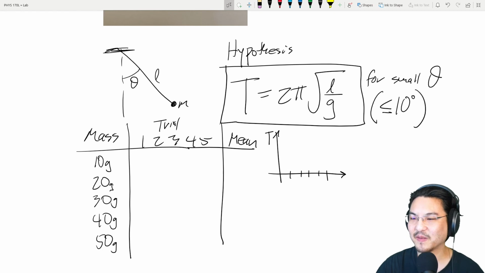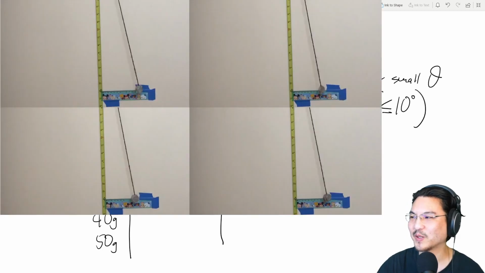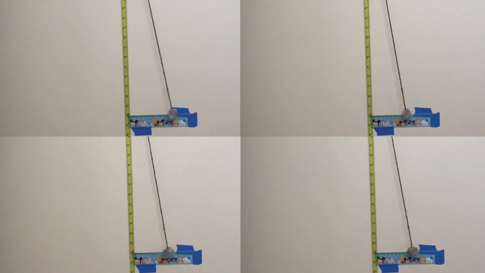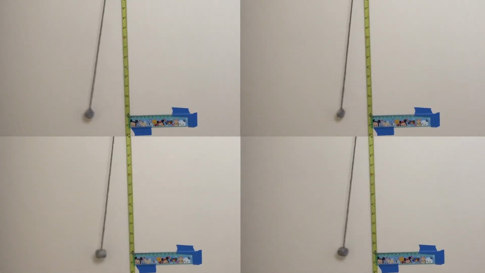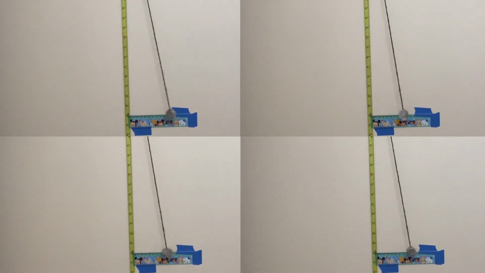Okay, so now similarly, I just split up my screen into quadrants, and then I have here 20, 30, 40, 50 grams. And then same length, same amplitude. Let me start them. Ready, go. Okay, so what is your qualitative observation here?